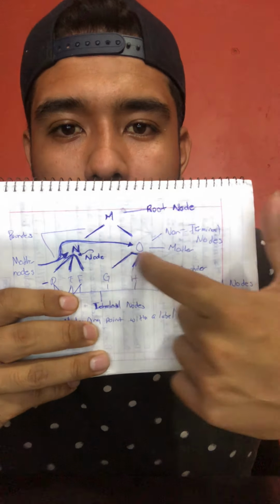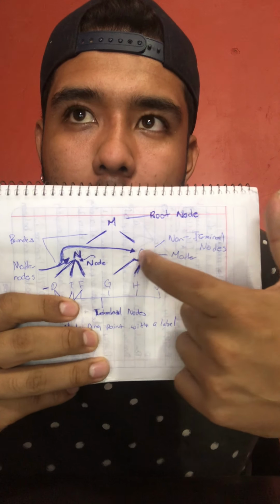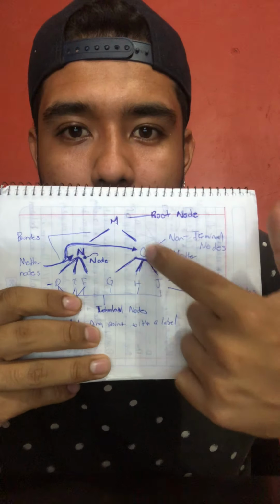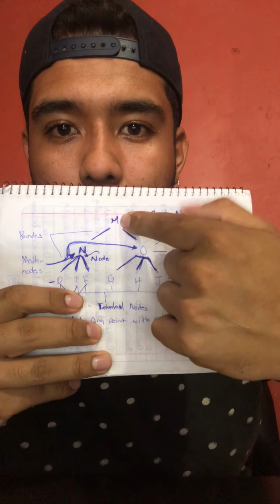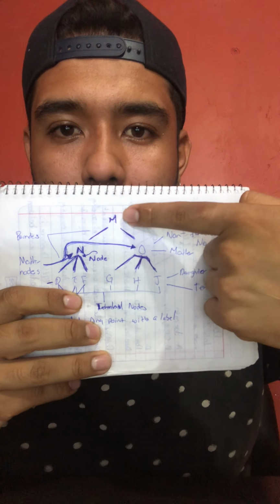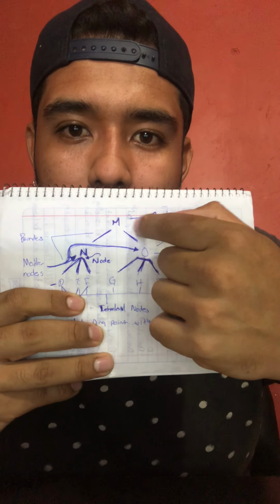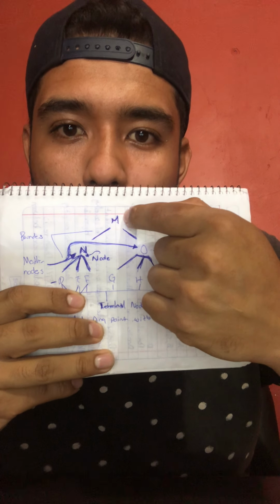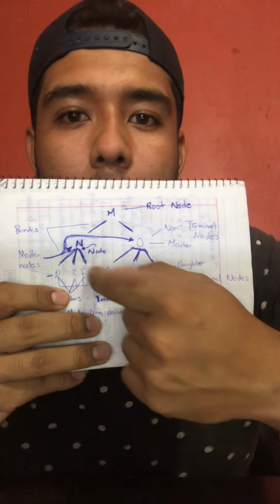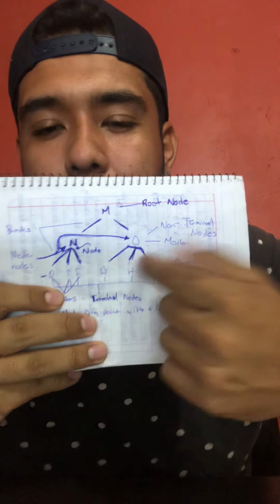This part is called immediate dominance, and we can just call it dominance when they are on top of all the diagram. That is what dominance means. And finally, we can talk about precedence.